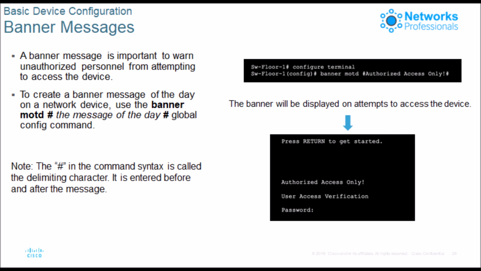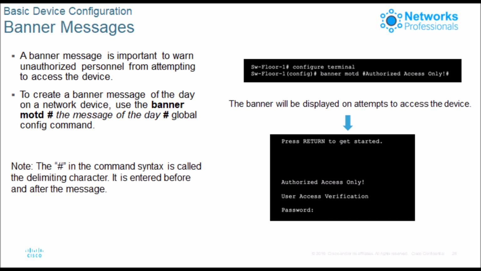To do this, you can add a warning message banner to the device output. Banners can be an important part of the legal process in the event that someone is prosecuted for breaking into a network device. Some legal systems do not allow prosecution or even the monitoring of users unless a notification is visible.